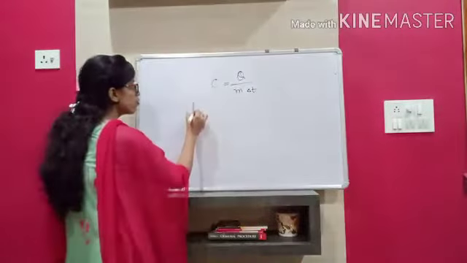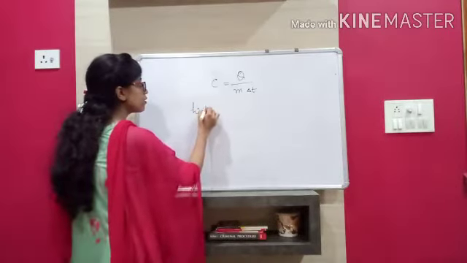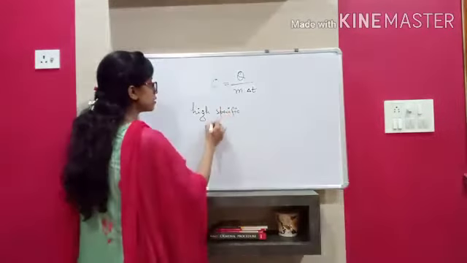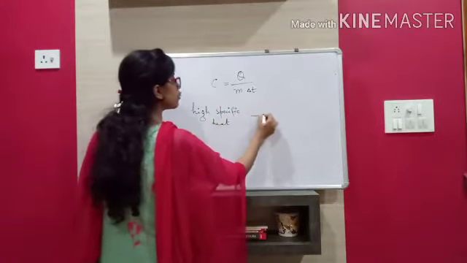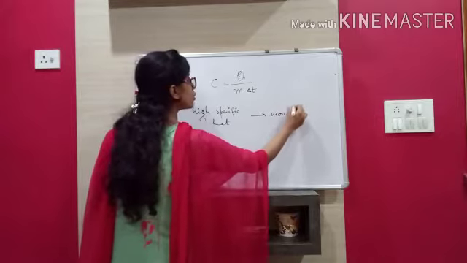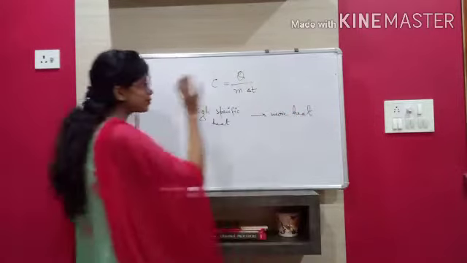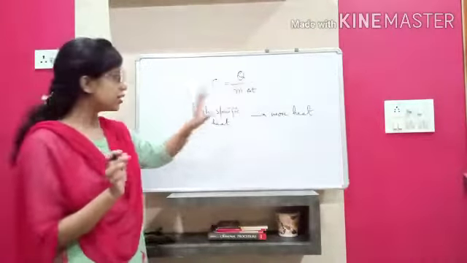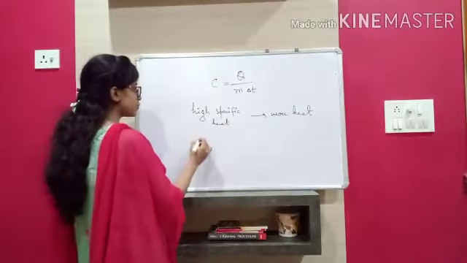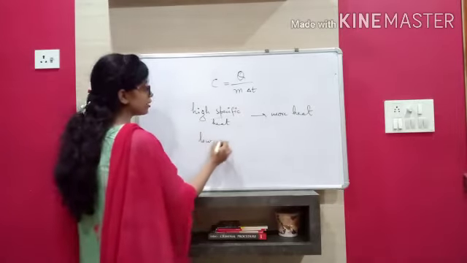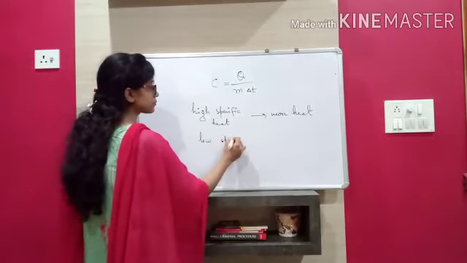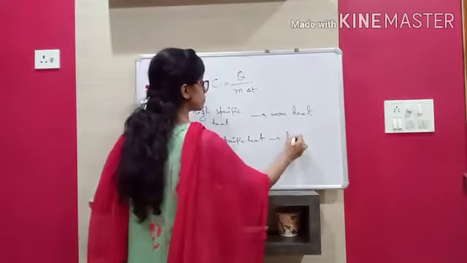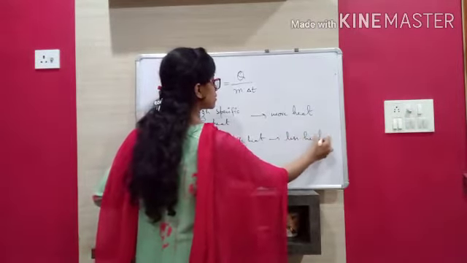That means if you have high specific heat, this means that you have to give more heat, or the substance will have more heat. I am just telling you the relation, isn't it? Are you able to relate? Now the vice versa condition: if you are having low specific heat, that means less heat, correct?